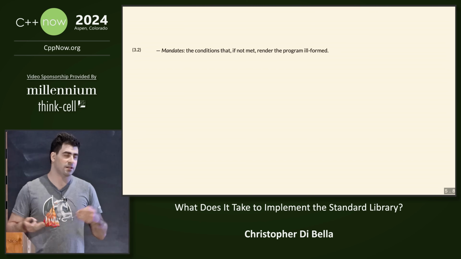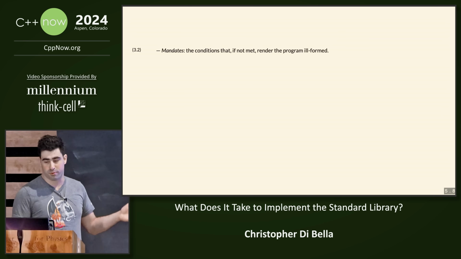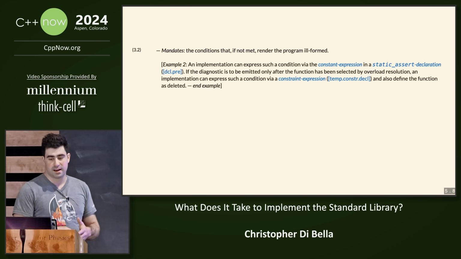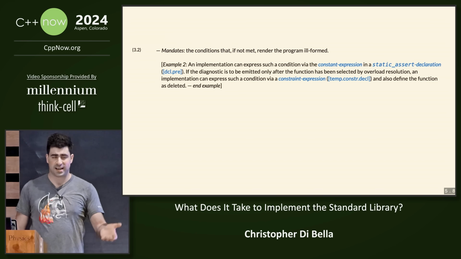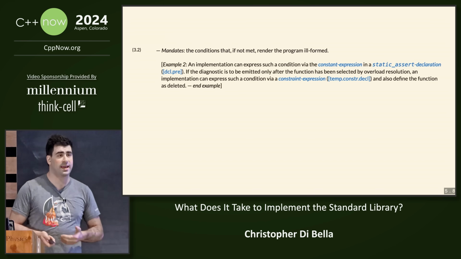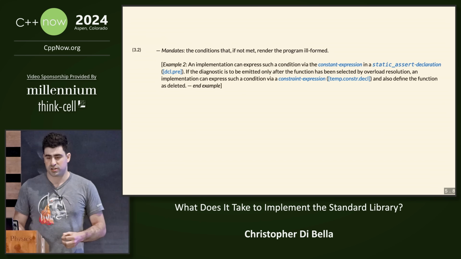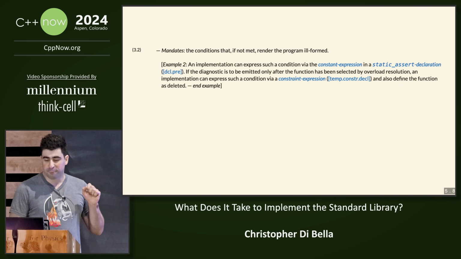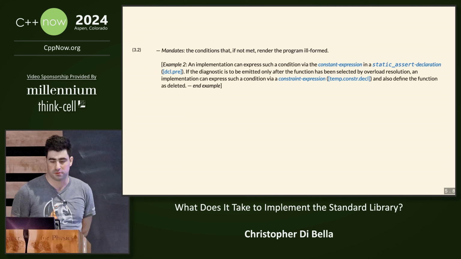Or basically, you get a diagnostic and no program. This does not constitute a valid C++ program. And the example that it gives is that the implementation is allowed to provide a static assert, or in some really rare cases, delete the function using a constraints expression. Sorry, a requires expression, requires clause. I have not found any cases that meet that second example, but there are a handful, I believe.